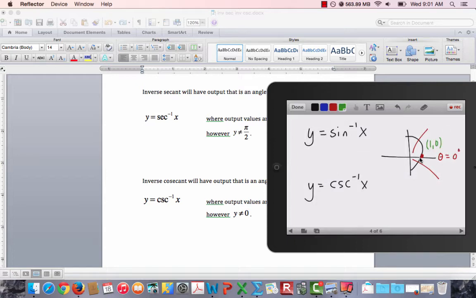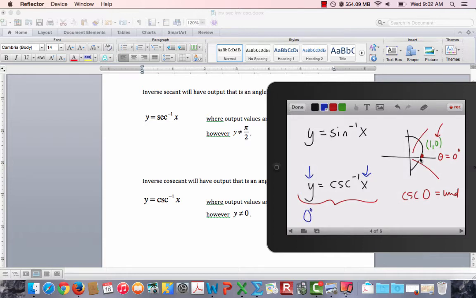and that is due to the fact that the sine of 0 is 0, and therefore the cosecant of 0 degrees or 0 radians is going to be undefined. So when we ask the question, who is the angle who has a particular cosecant, remember the inverse trig functions have outputs that are angles, so when we ask the question, who is the angle who has the cosecant of, we would have to put in undefined here in order to get 0 as an angle output.